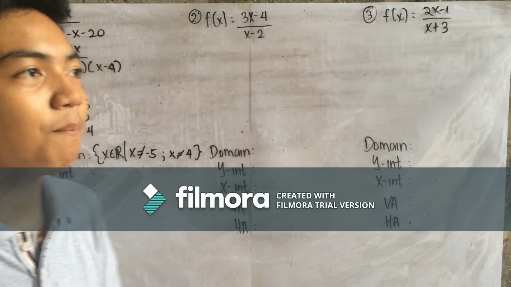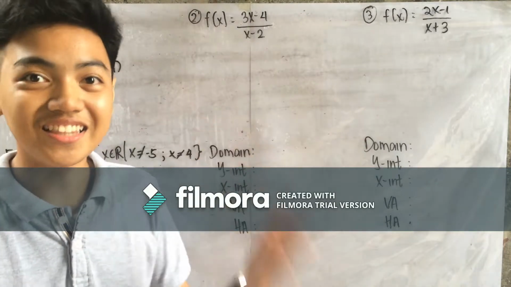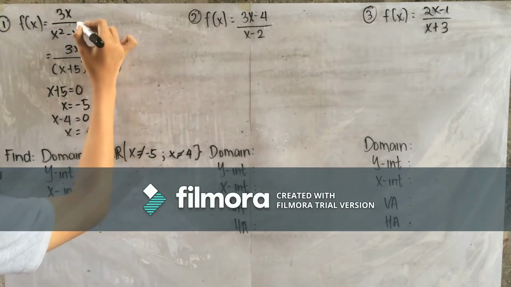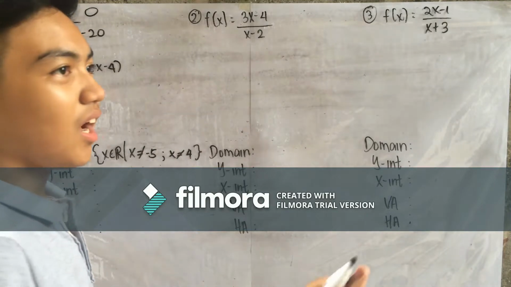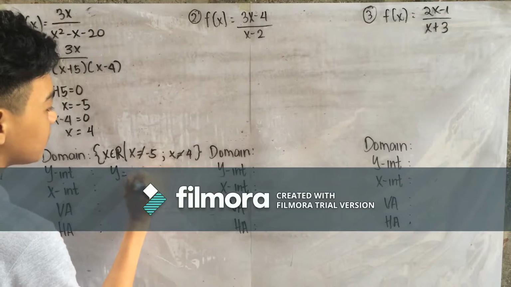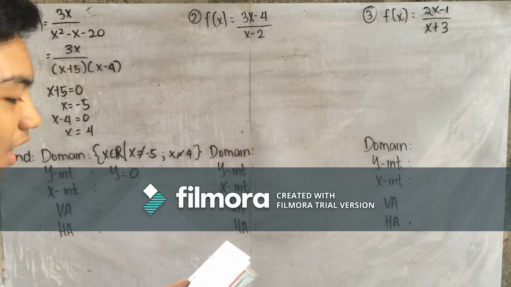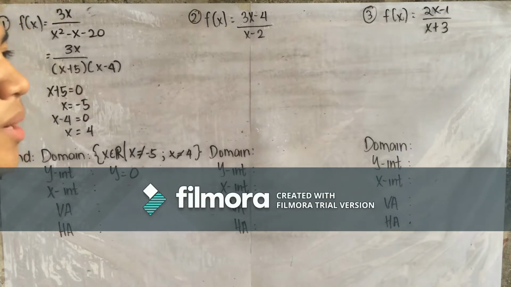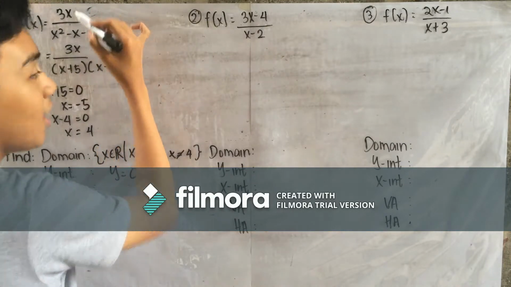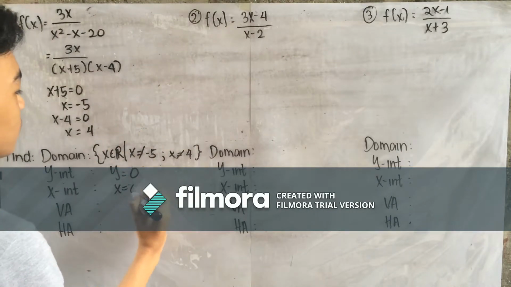So, sa y-intercept, by the definition, yung gagamitin nating method is yung takip method. So, tatakpan natin negative 20. So, as you can see, 0 dyan, di ba? Wala kasing constant term. So, y-intercept is 0. Then, x-intercept, yung numerator naman ang i-equate natin sa 0. So, wala pa rin siyang constant term. So, x-intercept is equals to 0.